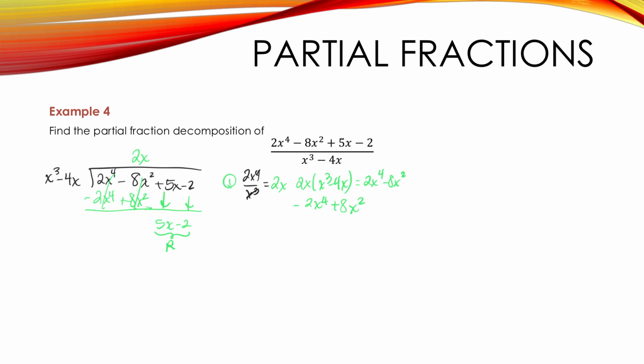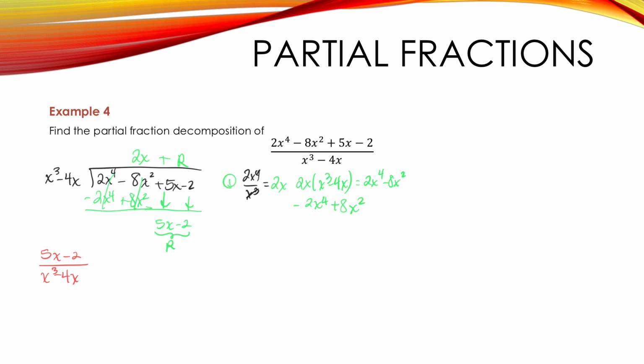So what we're going to see here is we have a 2x plus a remainder, but we can factor that remainder. So let's figure out how to factor this remainder. The remainder here would be 5x minus 2 divided by our divisor, which was x cubed minus 4x. So now we went from a polynomial long division back to a partial fraction decomposition.